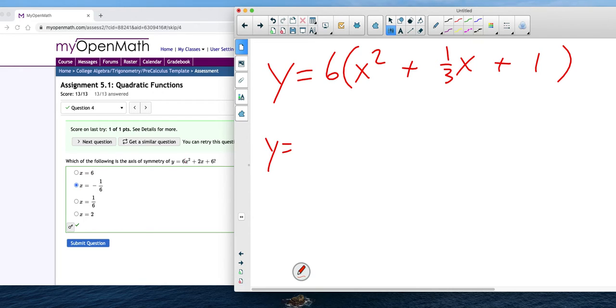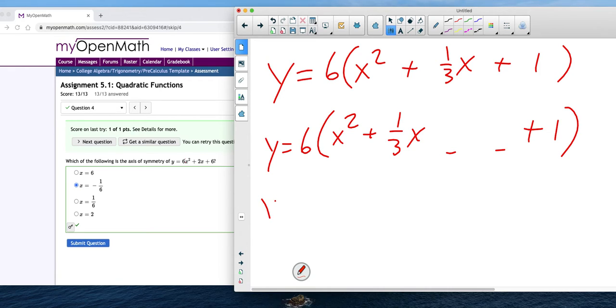I'm going to rewrite this a little, to give yourself some room. This part actually isn't necessary for this problem, but to complete the square and make sure you know how to do it later, you want to give yourself a little room here.